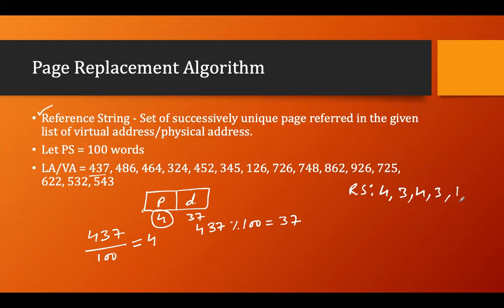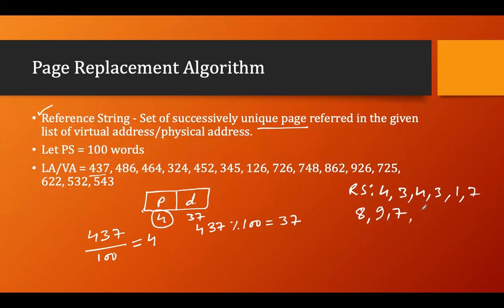This is 1. This is 7. This is again 7, no need to write it again. This is 8, because we are looking for the unique pages referred. These are the same pages, so we take only one instance of it. This is 8, this is 9, and this is 7, then 6, 5 and 5.